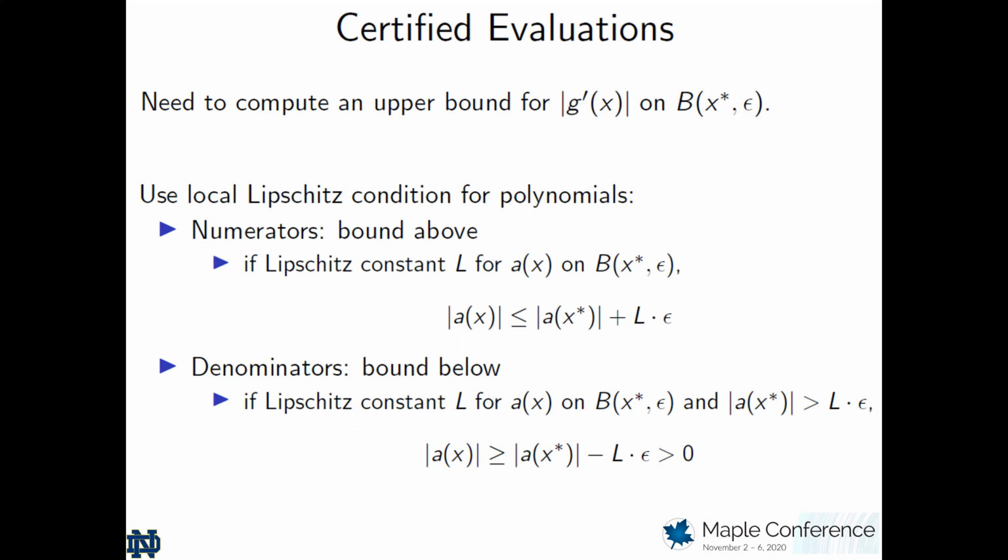And then once we have that, we know that A is non-zero on that ball, and in particular, the value of A of x is greater than or equal to A of x star minus L times epsilon. So we use this local Lipschitz and therefore Holder continuous bound to compute this lower bound that bounds it away from zero. And so then, because it's in the denominator, invert and multiply into the numerator allows us to create upper bounds on the derivative of g.